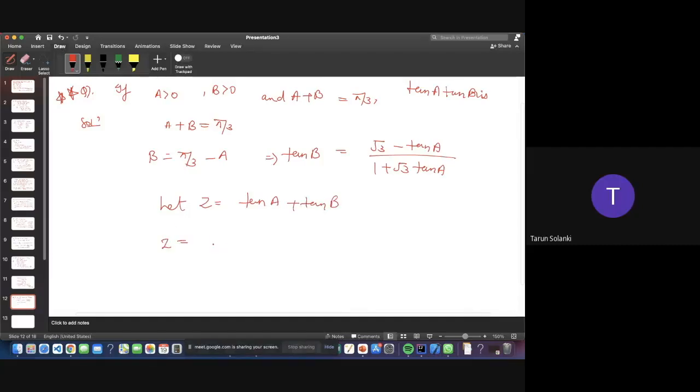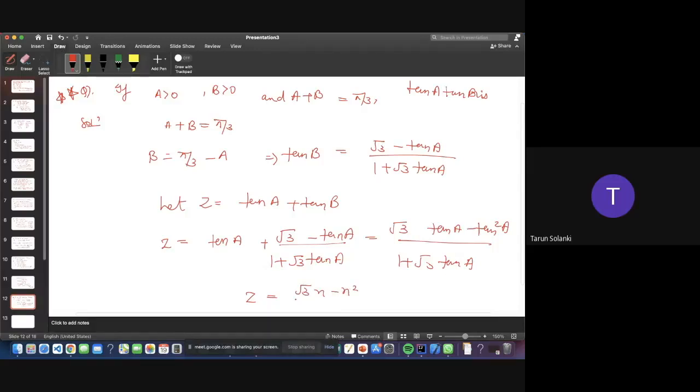So Z is equal to tan a plus (root 3 minus tan a) divided by (1 plus root 3 tan a), which will be (root 3 tan a minus tan square a) divided by (1 plus root 3 tan a), right? So here Z is equal to (root 3x minus x square) divided by (1 plus root 3x). So here x is equal to tan a.